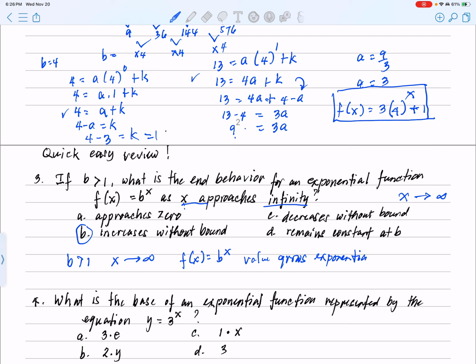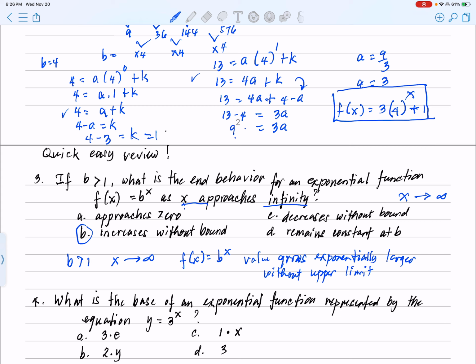Larger without bound, or without upper limit. All right. That means without bound.